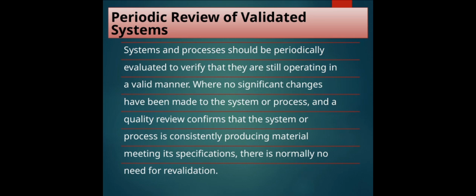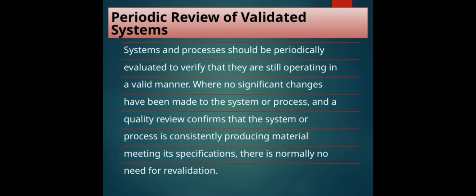Periodic review of validated systems is a crucial part of maintaining our compliance and ensuring ongoing data integrity. It's not just a one-time check. It's a systematic process where we regularly evaluate these systems to confirm they continue to meet regulatory requirements and perform as intended. By conducting these reviews, we can identify any deviations, outdated procedures, or areas for improvement early on.